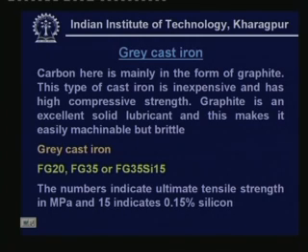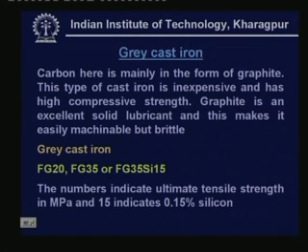This type of grey cast iron is designated in the manner shown here: FG20, FG35 or FG35 SI15. These are not the only three varieties, it is just an example of how you designate a grey cast iron.